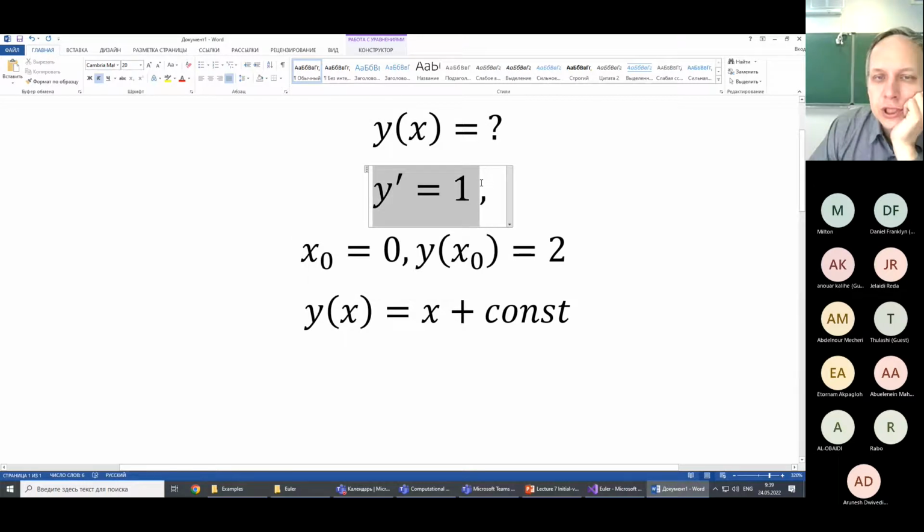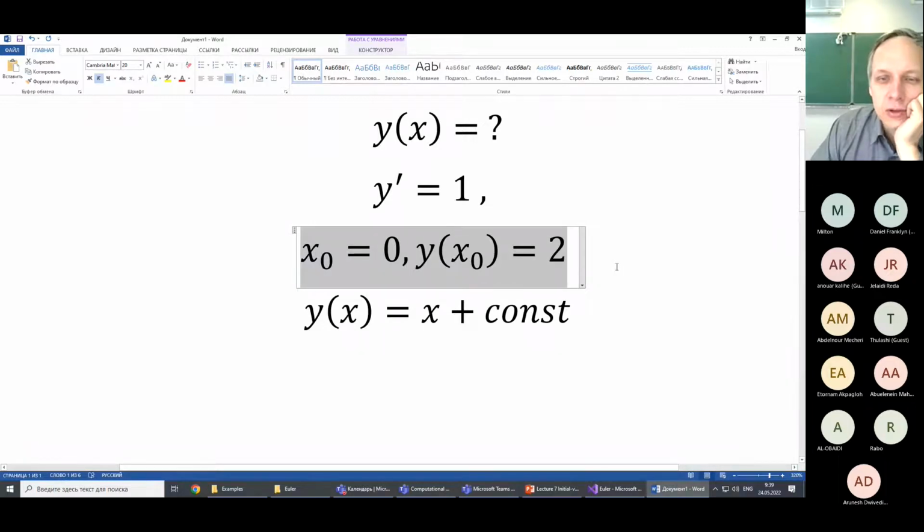This is an equation, and this is the initial value for this equation: x0 equals 0, and y of x0 equals 2.